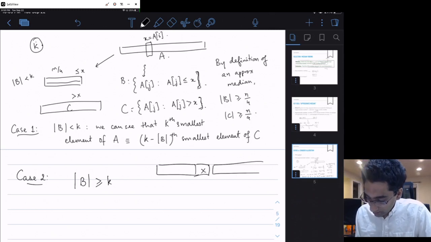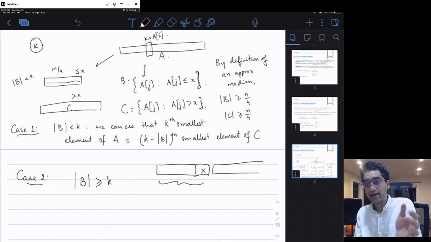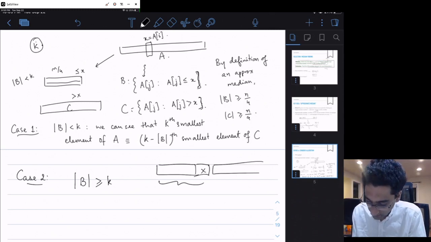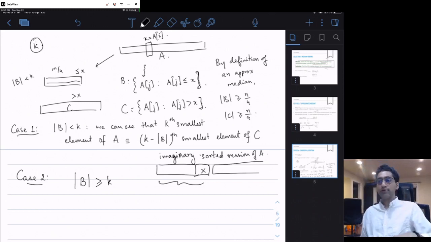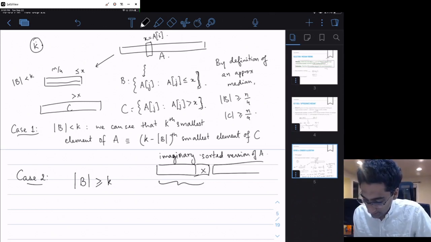Now this subarray we said has size at least k. So this is a hypothetical, imaginary sorted version of A. Here we know that there are the elements of B that show up over here.